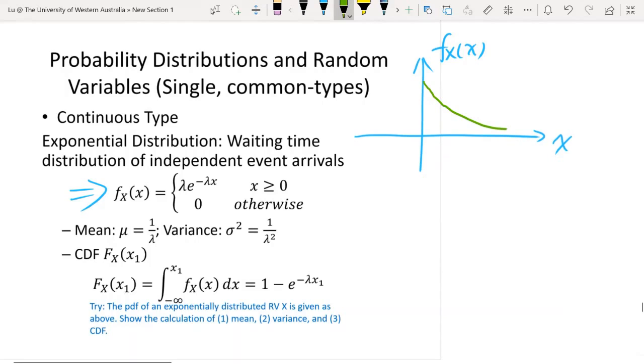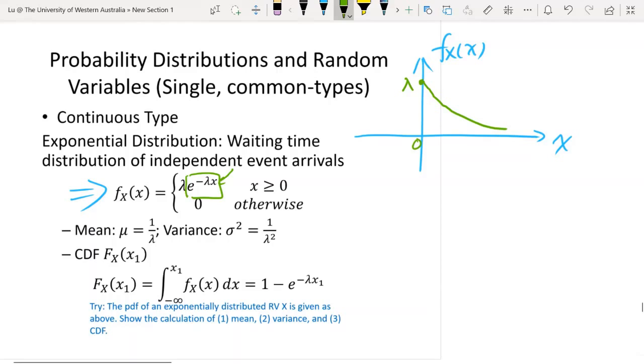When x is 0, e to the power 0 is 1, so we reach the peak value, which is lambda, and then it decays quickly to 0 as x goes up.